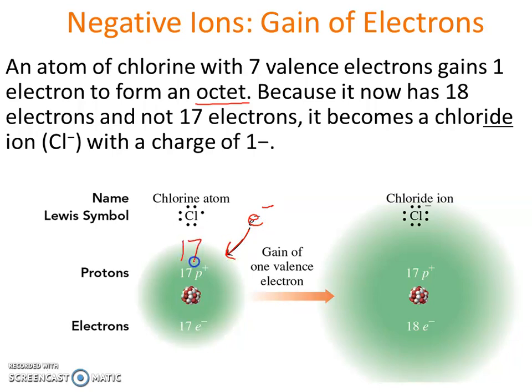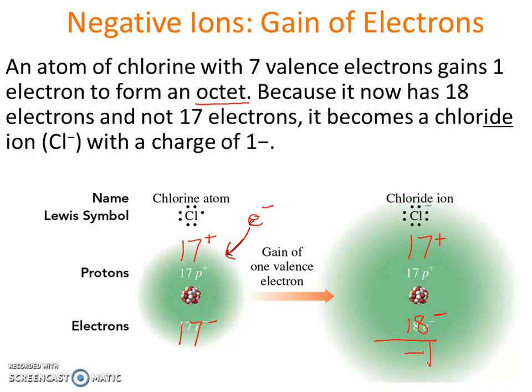We started with 17 positives and 17 negatives because neutral atoms have the same number. After we've gained the electrons, the number of protons stays the same, so we still have 17 positives, but now we have 18 negatives. So if we do the math here, 17 minus 18 gives us negative 1.